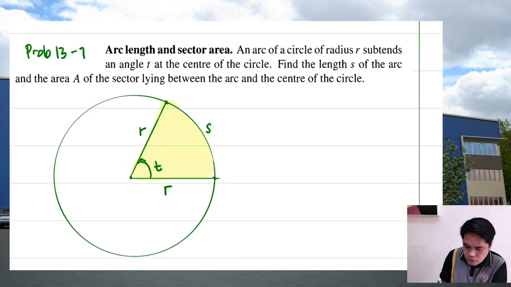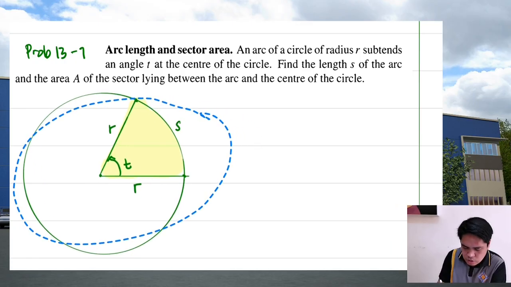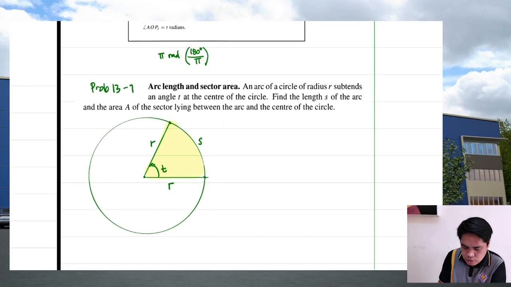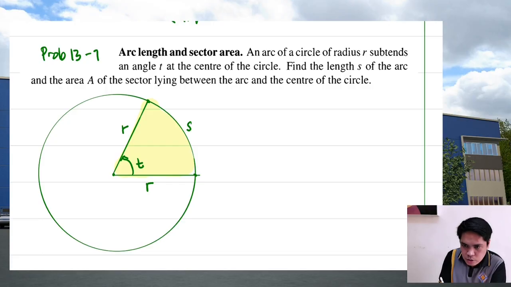Ang unang gagawin natin is to consider the whole circle. Okay? For the whole circle, the angle subtended is 2 pi. Right? So we are comparing it if ang subtended angle lang is t. Since uniform naman yung shape ng circle natin, all throughout pareho lang yung behavior niya. So meaning, we could do ratio and proportion for this.